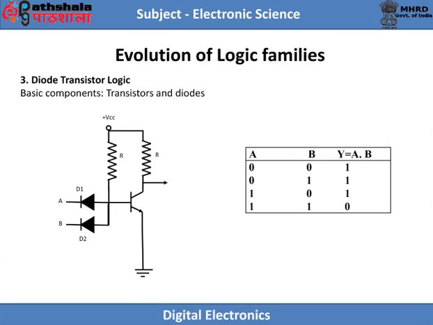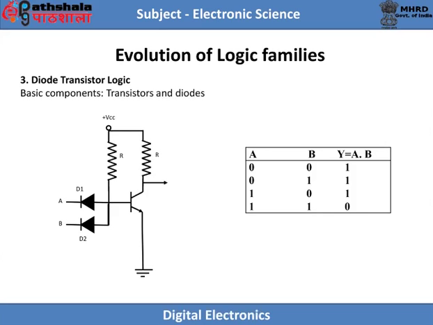Diode transistor logic. In this circuit, diodes and transistors are fabricated on a single chip. When both inputs A and B are at logic 0, then diodes D1 and D2 are forward biased and transistor is off. This is because the emitter base junction of the transistor is reverse biased and hence output Y is at logic 1.